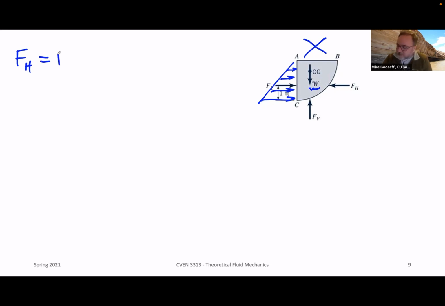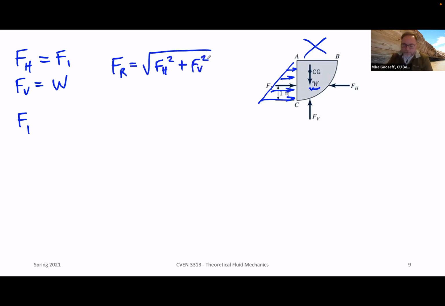Yeah, FH is equal to F1, and the vertical force, FV, will be equal to the weight of the water per foot length of this conduit. Let me put down our master equation here, which is to say that the resultant force magnitude will be equal to the square root of FH squared plus FV squared.